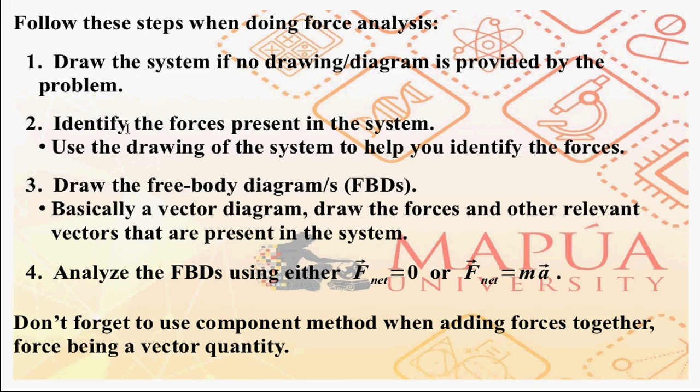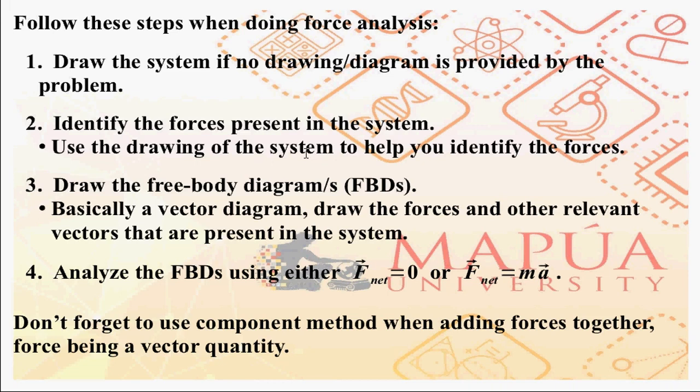Step 2, after you have drawn the system, identify the forces present in the system. Use the drawing of the system, whether it has been provided by the problem or you were the one who drew the system. So use the drawing to help you identify the forces.